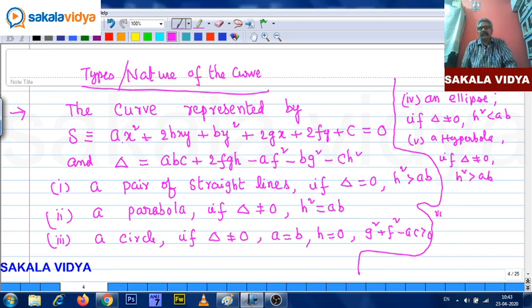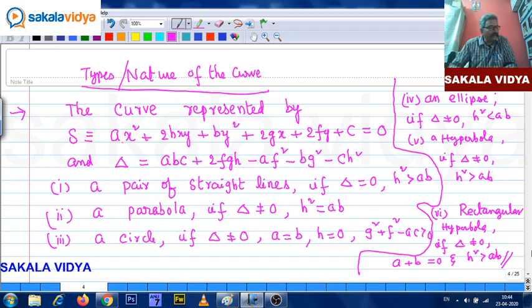Sixth point, rectangular hyperbola. Rectangular hyperbola means delta does not equal to 0 and A plus B equals to 0 and h square greater than AB. So, these conditions are very, very important.